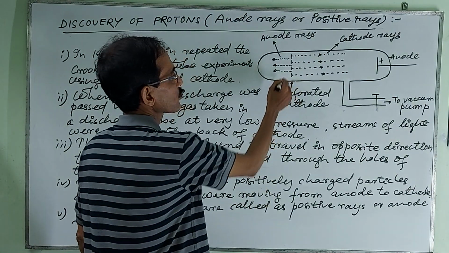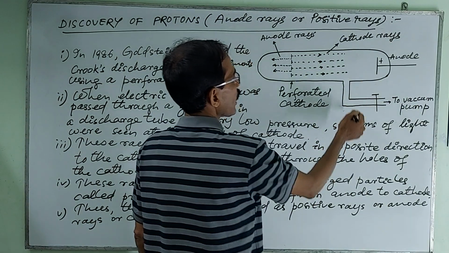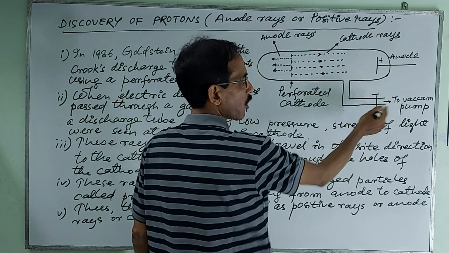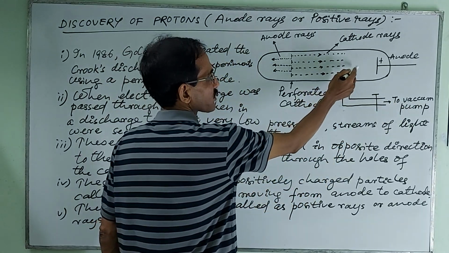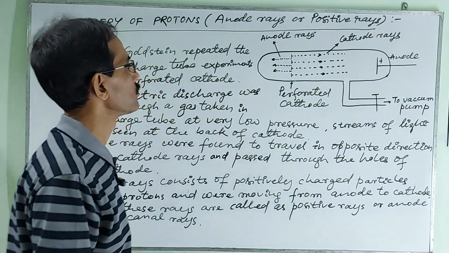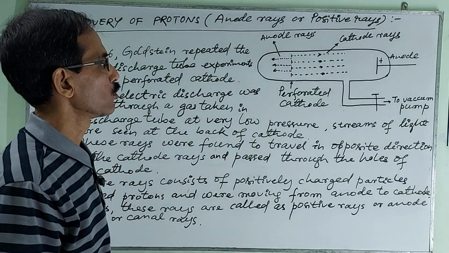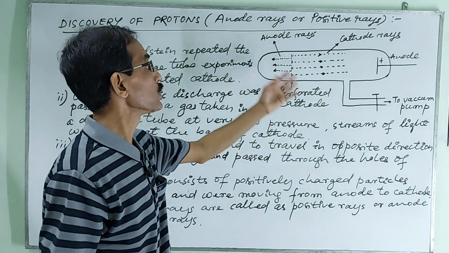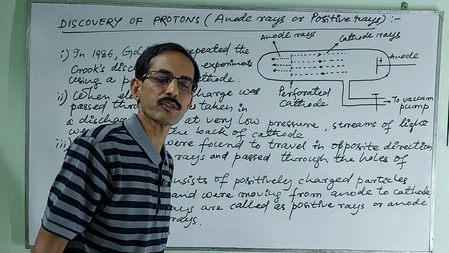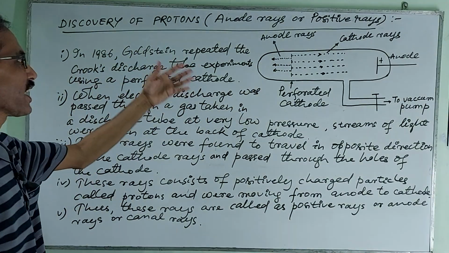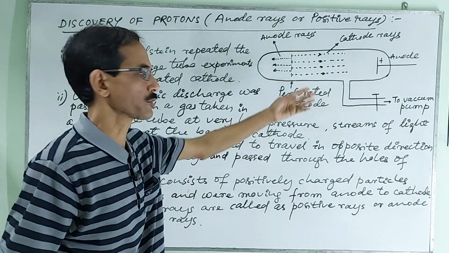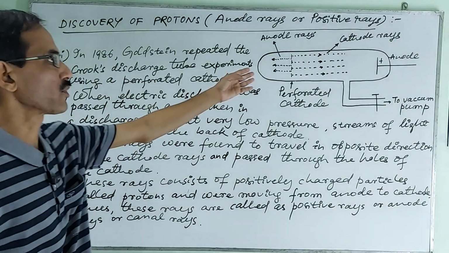This is perforated cathode, this is anode, and this is a side tube which is connected to vacuum pump to create low pressure inside the tube. So Goldstein repeated the Crookes discharge tube experiment using perforated cathode. In 1986, Goldstein carried out this experiment using a perforated cathode.